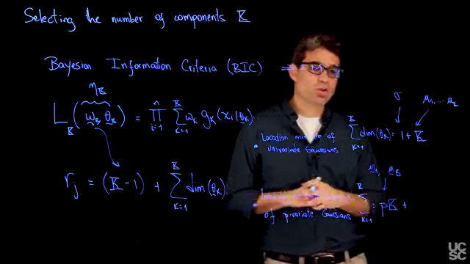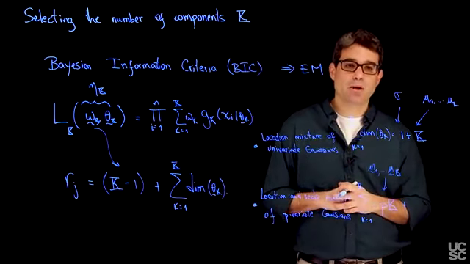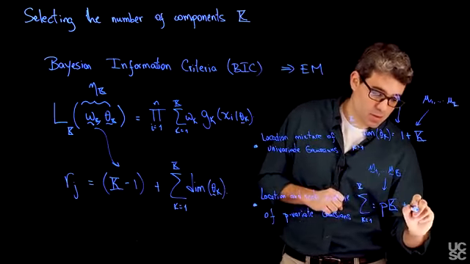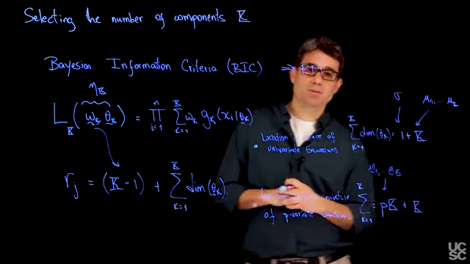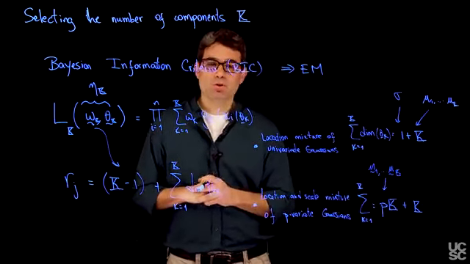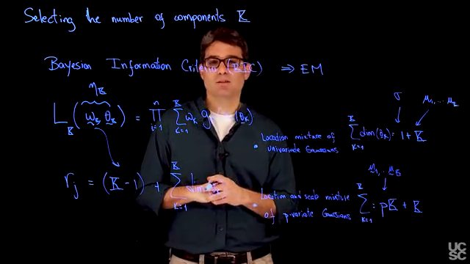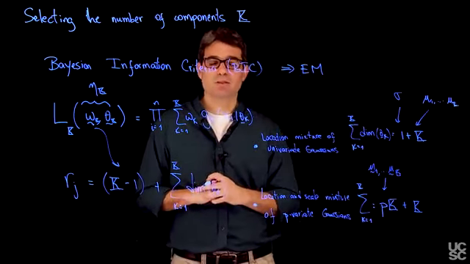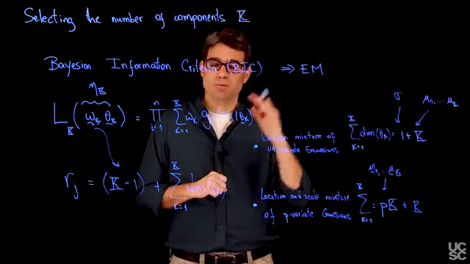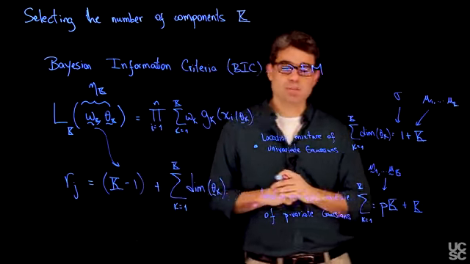And then you're also going to have capital K variance covariance matrices. Those variance covariance matrices are P by P, but you don't have P squared independent terms in a variance covariance matrix, because remember that variance covariance matrices have to be positive definite, in particular they need to be symmetric.